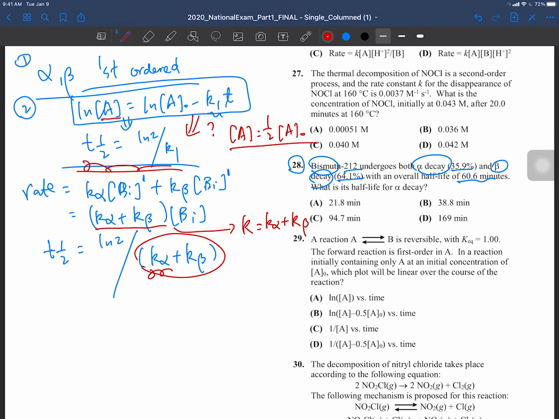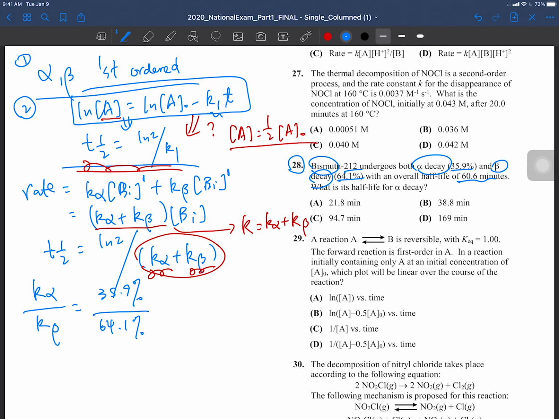So do we know the relationship between K alpha and K beta? I think we know, right? Because the K alpha over the K beta is supposed to be 35.9% divided by 64.1%. Does this make sense to you?